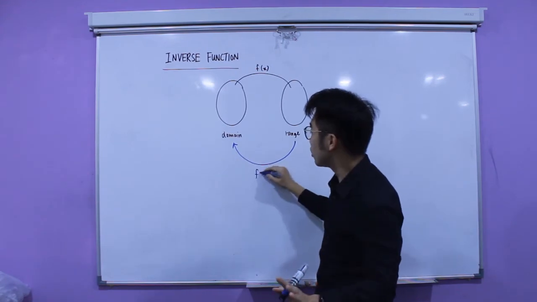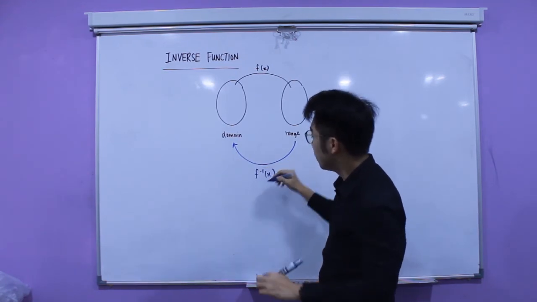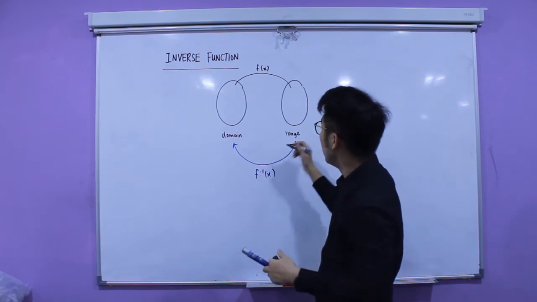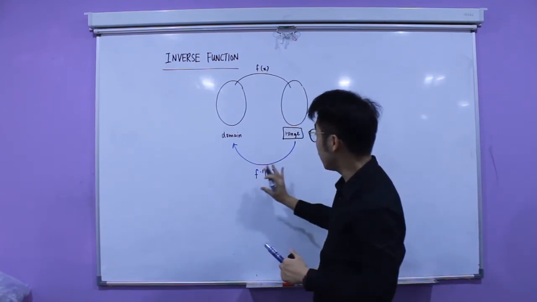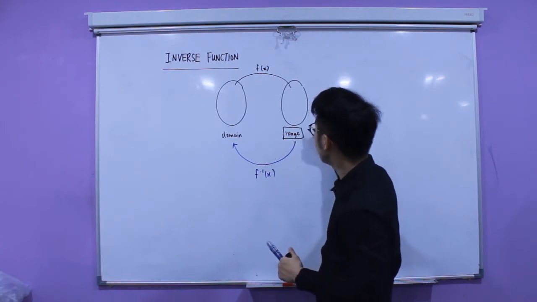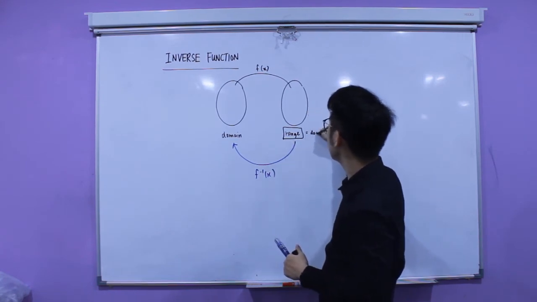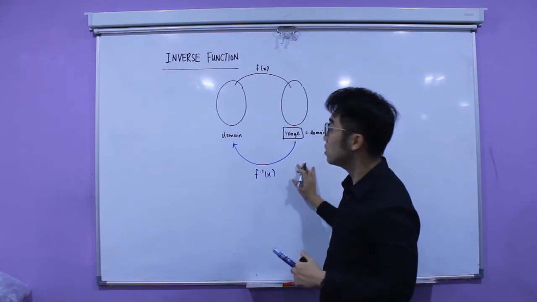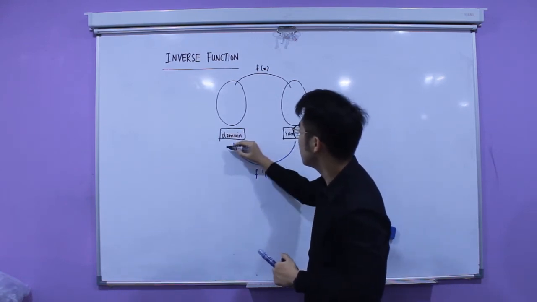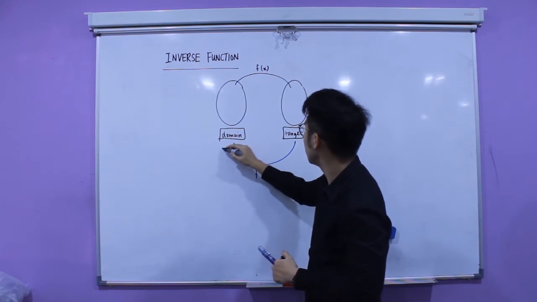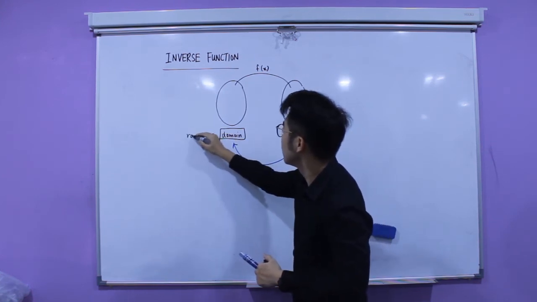For inverse function you have to be very careful, because this range is no longer a range for the inverse function. This range is equivalent to the inverse function's domain, and of course this becomes its range. So this is what you need to know.